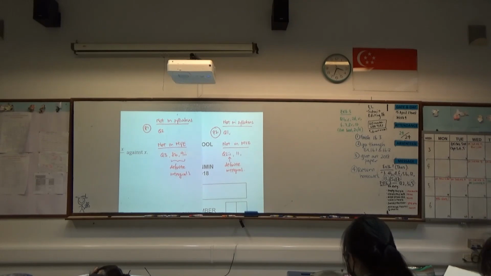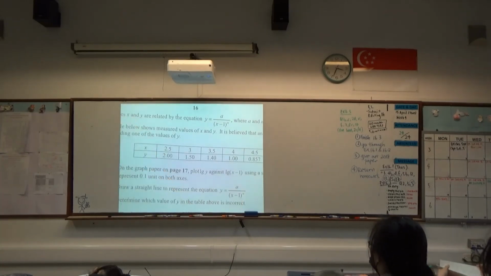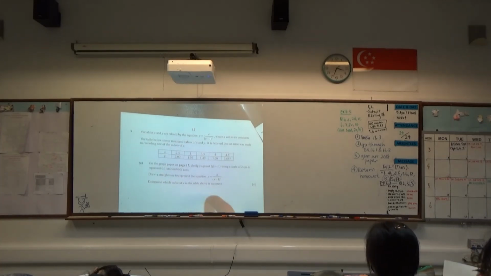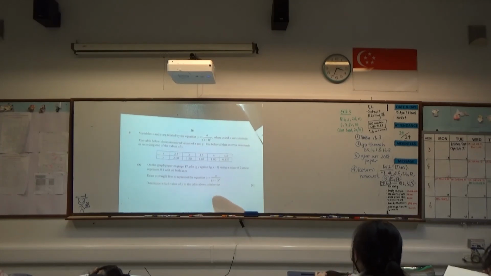For paper 2, there is a graph question for the 2019 paper. There's a linear law question. Please, I beg of you to go and draw your graph. Go and practice your graph skills. Don't let it rust.